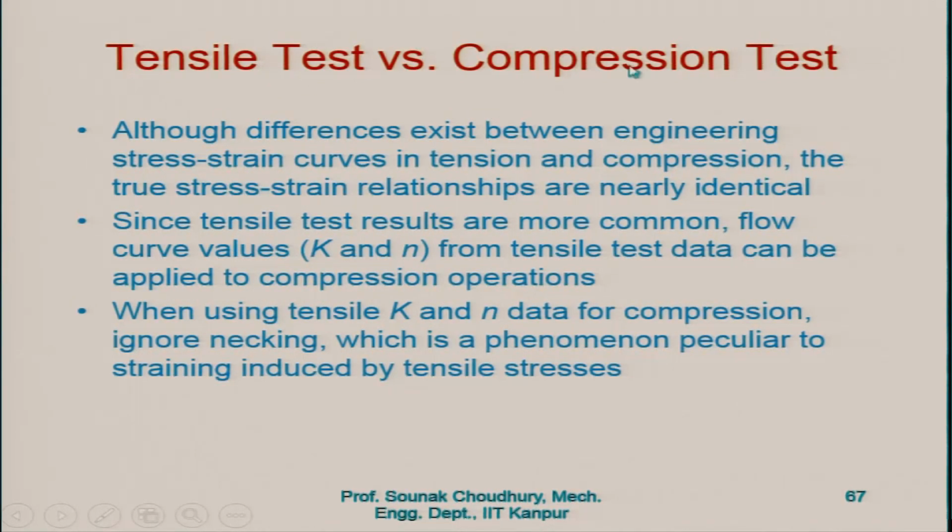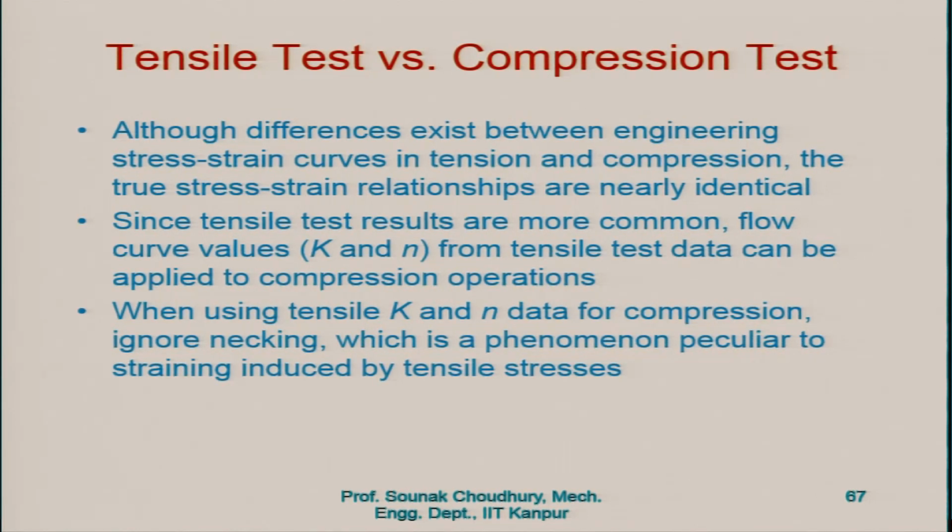Tensile test versus the compression test. We have seen the compression test, now the tensile test. Although differences exist between engineering stress strain curves in tension and compression, the true stress strain relationships are nearly identical.